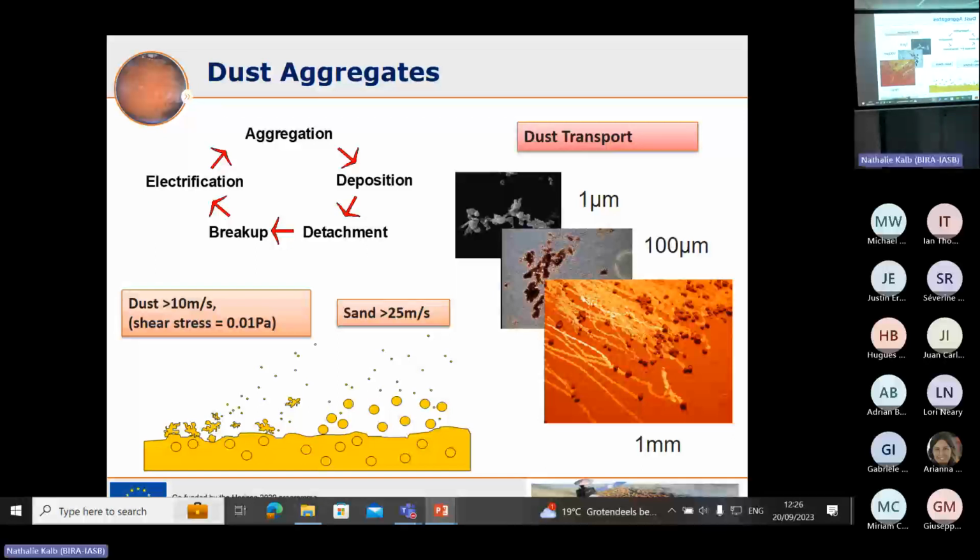The aggregates get detached, then broken up, and under the breakup process, they get electrified, and then they maybe make aggregates again already while they're in suspension in the atmosphere, and then they get deposited again as aggregates. So there's maybe a cyclic thing going on. That was the idea.